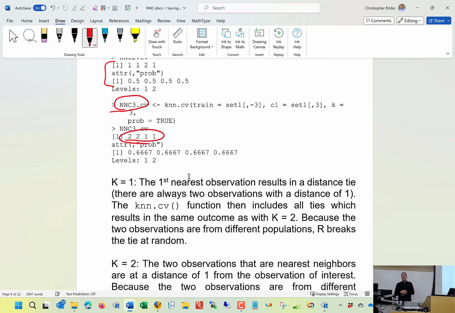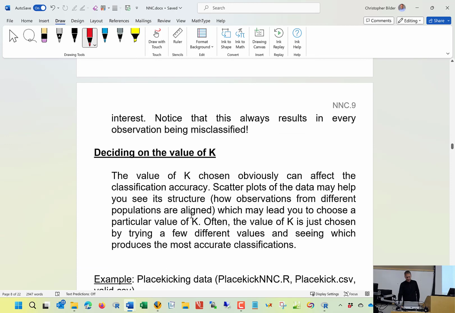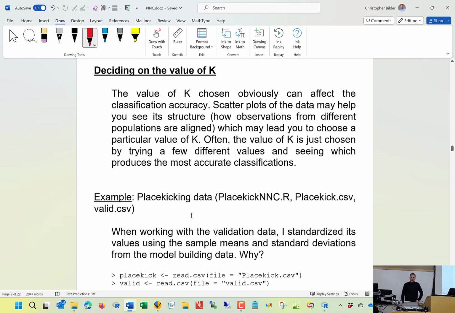So, I think this is a nice, simple data set to have a feeling for exactly how nearest neighbor classification works. That's why I put it together like this. You can see that this capital K plays an important role. So how do you choose K?